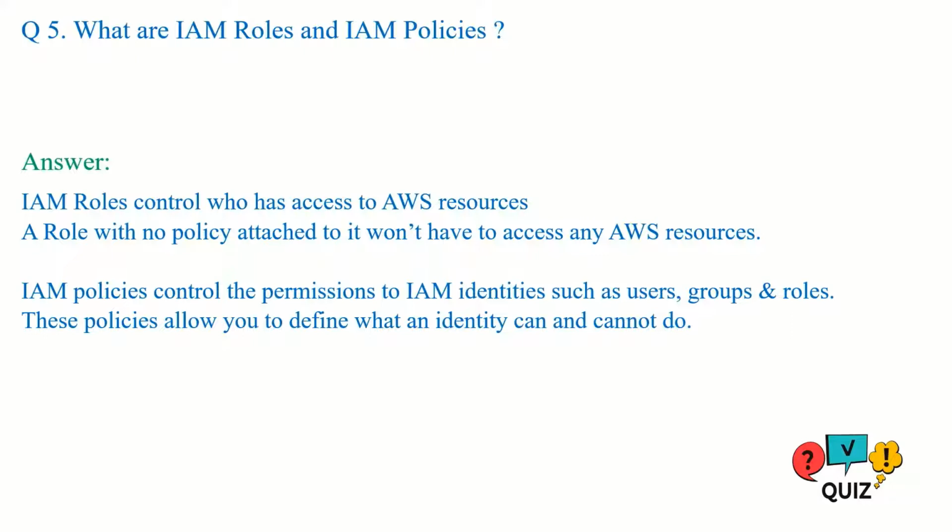So these policies allow you to define what an identity can do and cannot do. That means we can attach a policy to a role which has been defined. For that, you can assign a policy. If no policy is attached, then that role will not have any scope. All right. Okay, let's proceed to the next one.